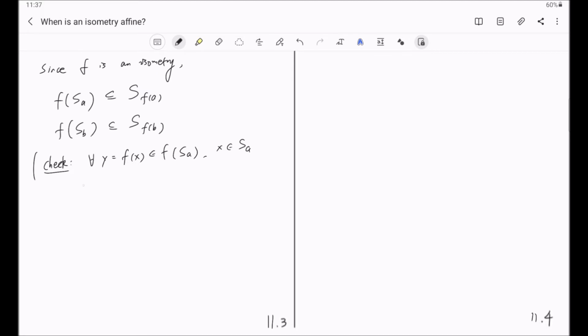To this end, we're going to look at the norm of y minus f(A), which is f(x) minus f(A).